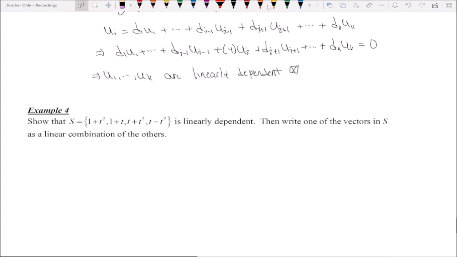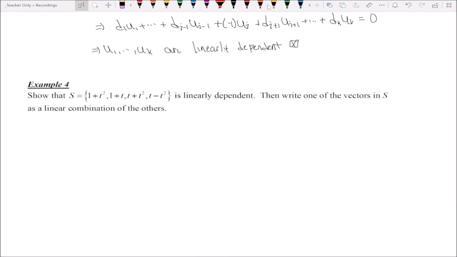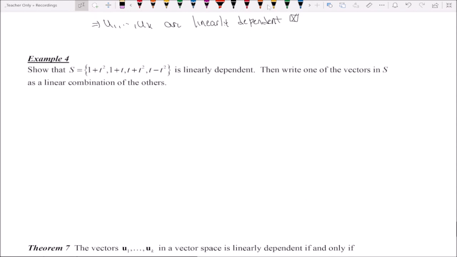Now we want to show that this set is linearly dependent, and then write one of the vectors in S as a linear combination of the others. So setting up our vectors, I'm going to say this is our first vector, second vector, third vector, and finally fourth vector. Right, so let's set it up.